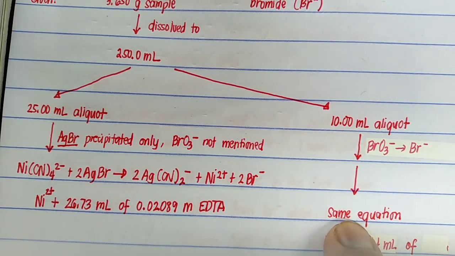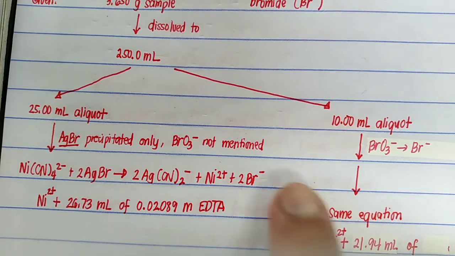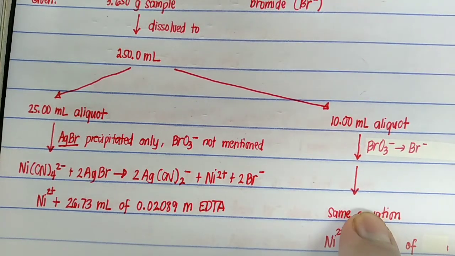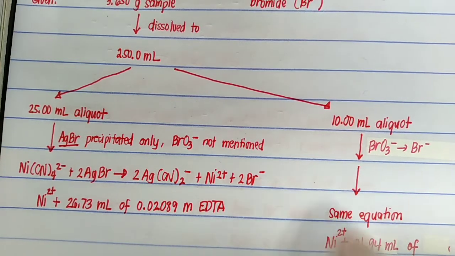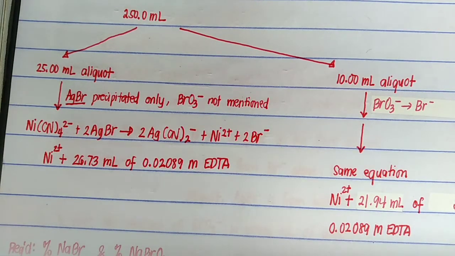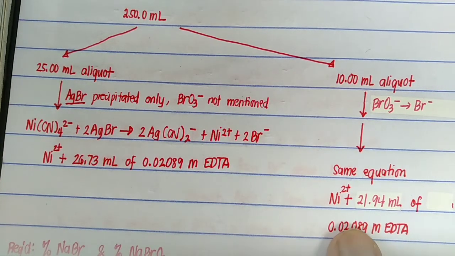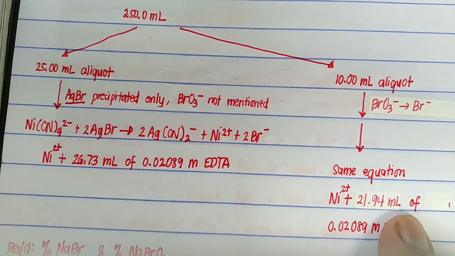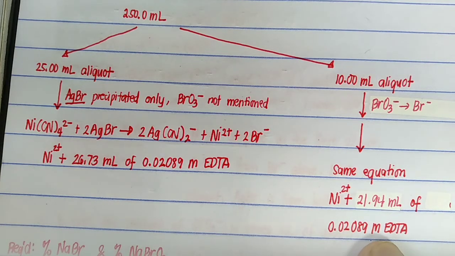So the same equation is going to be relevant as in here in our 10 mL aliquot. And for our 10 mL aliquot, it turns out that we will need this amount of our EDTA solution.